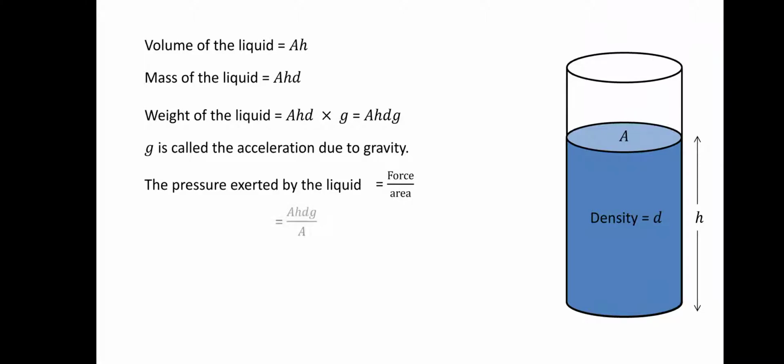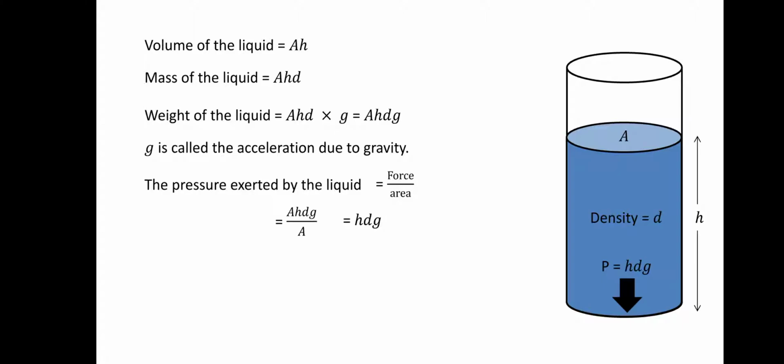Now force is the weight of the liquid out here, that is AHDG, and area is A. So AHDG divided by A, where A and A cancel, you will get HDG as the pressure exerted by the liquid. So the pressure exerted by this liquid in the downward direction is equal to HDG.